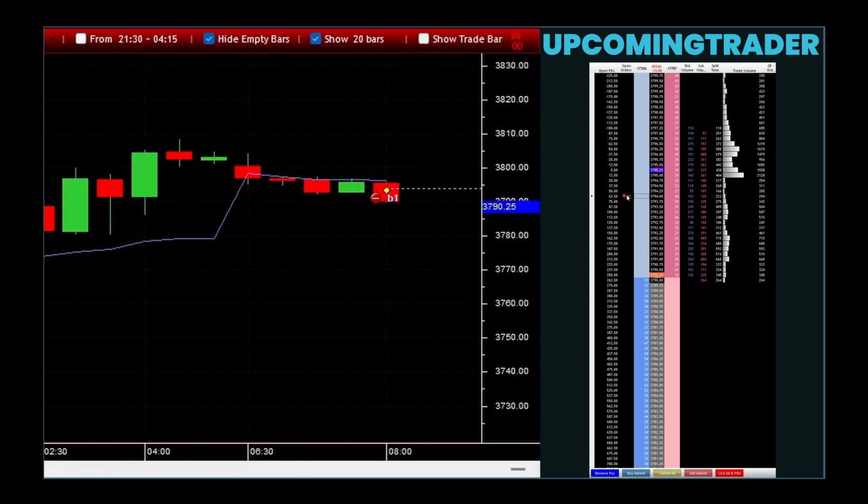A vivid example involves a trader named Alex who closely monitored stock ABC, observing its descent towards a known support level. Upon noticing a candlestick with a long lower shadow forming at this critical juncture, Alex interpreted it as a bullish sign. The next day, a substantial bullish candle confirmed the reversal, prompting Alex to enter a long position.